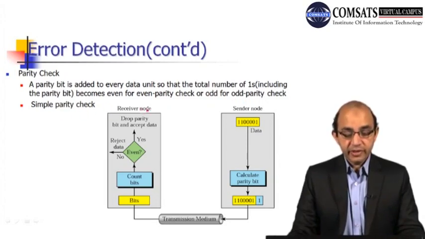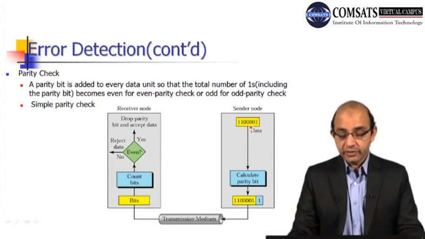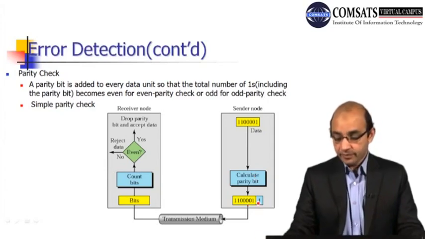Here we have the receiver node that accepts data, and here we have the sender node. This is the original data. You can see 1, 2, 3, 4, 5, 6, 7 bits are the data unit, and we are calculating parity by using this block, and this is the redundant bit.